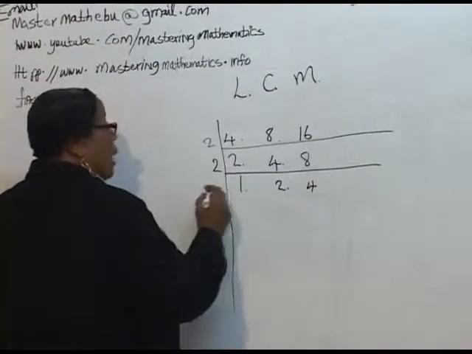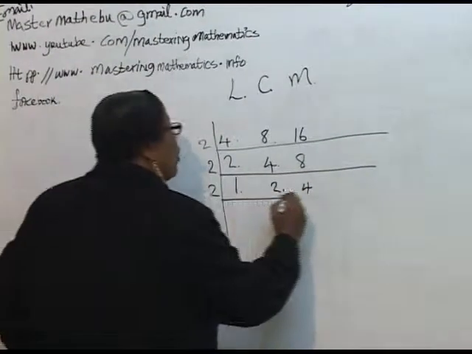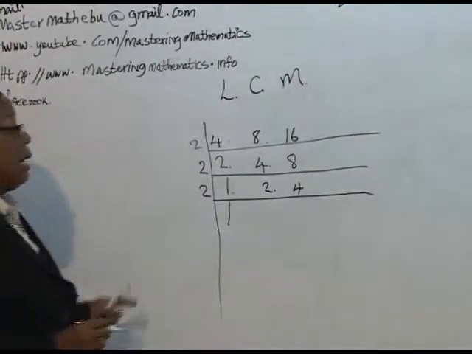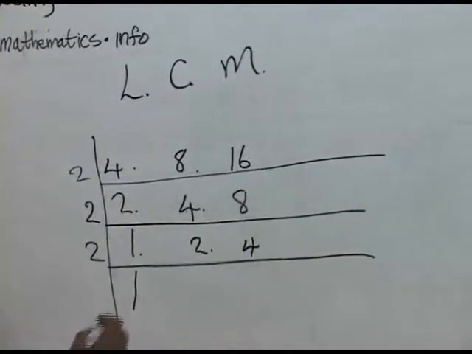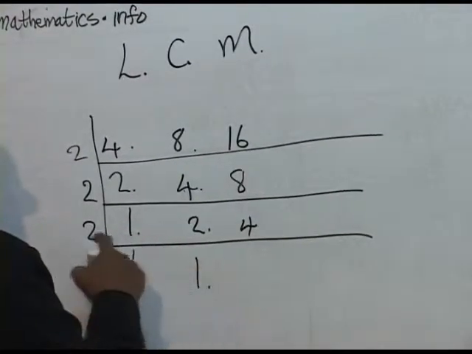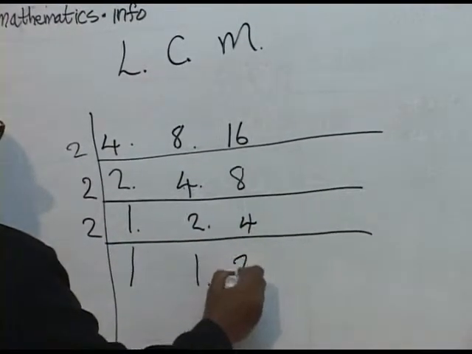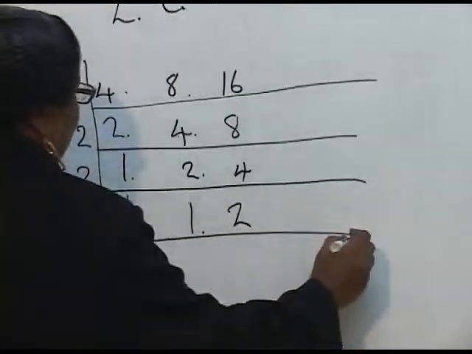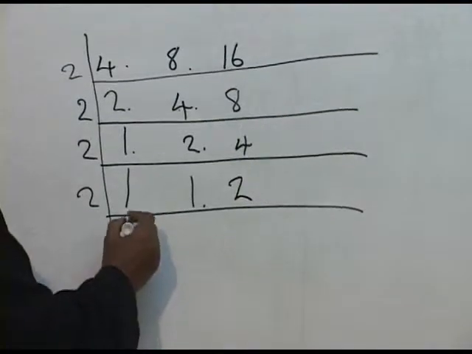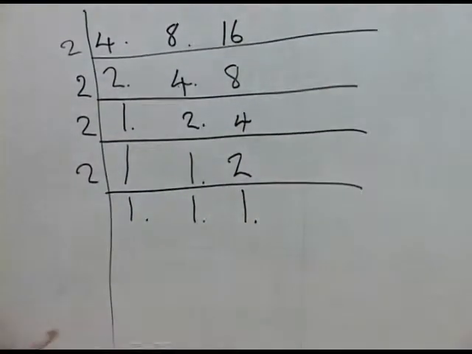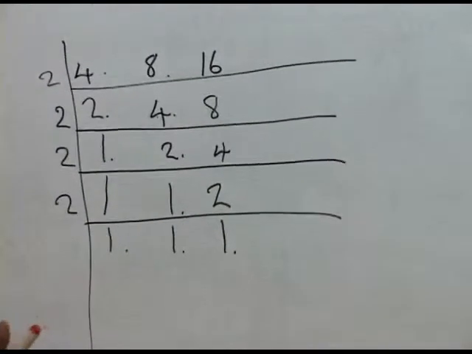Can we use 2 again? Yes. Once we have achieved the position of a 1, we bring it down because our goal is to make the last line ones. So 2 into 2 gives 1, and 2 into 4 is 2 times. Again, we can use a 2, and we're just bringing down the numbers that 2 would not go into. So it's 1, 1, and 1. And then we can say bingo, because that's it.